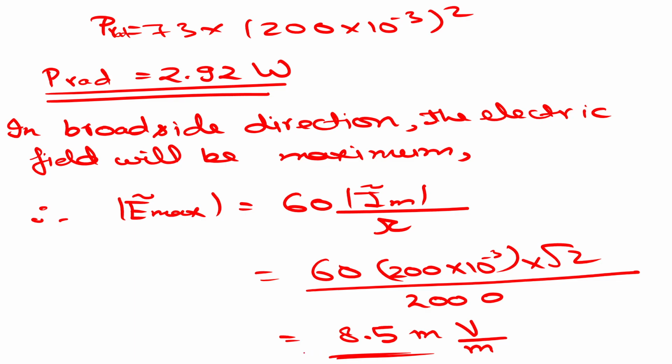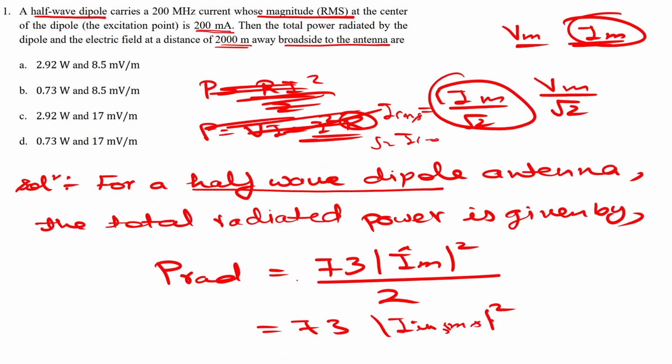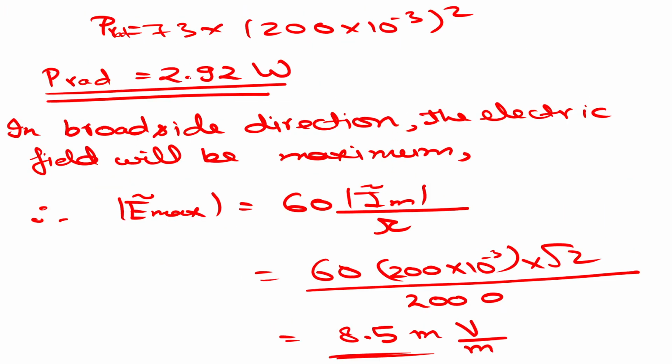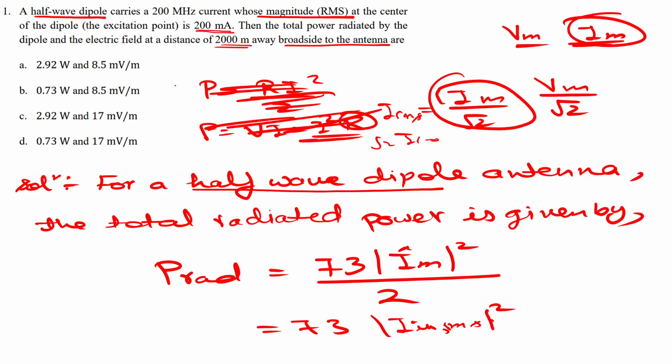So this is the magnitude of the electric field along the broadside direction of the antenna. If you match the given options, the correct option will be option A, because the radiated power is 2.92 watts and the electric field at a distance of 2000 meters broadside to the antenna is 8.5 millivolt per meter.